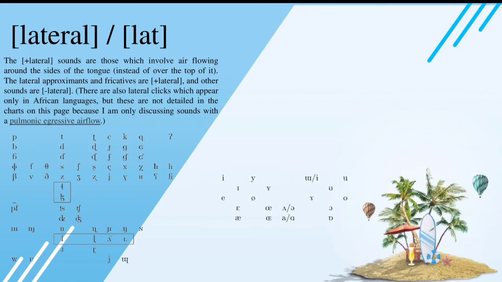The lateral approximants and fricatives are plus lateral, and other sounds are minus lateral. There are also lateral affricates, apparently in African languages, but these are not detailed in the charts on this page because I am only discussing sounds with a pulmonic egressive airflow.